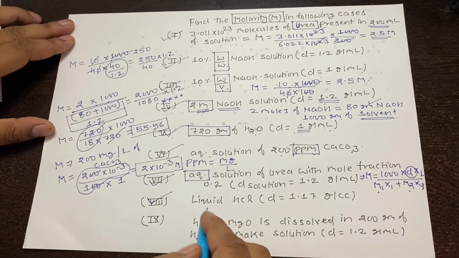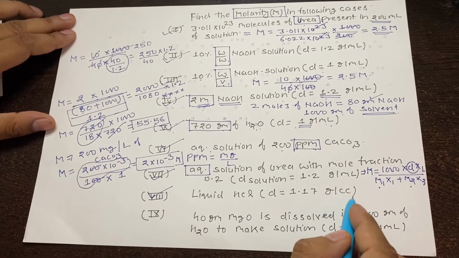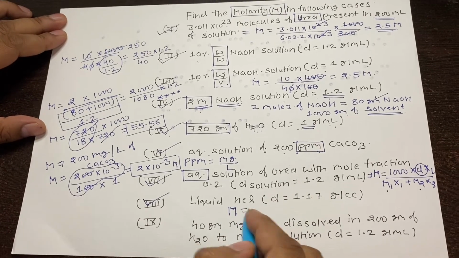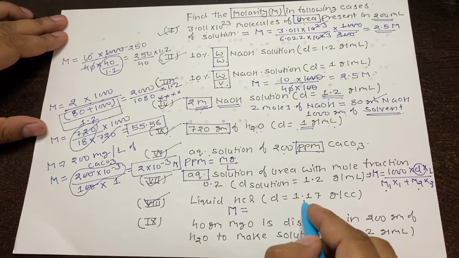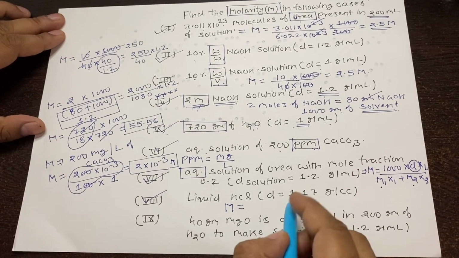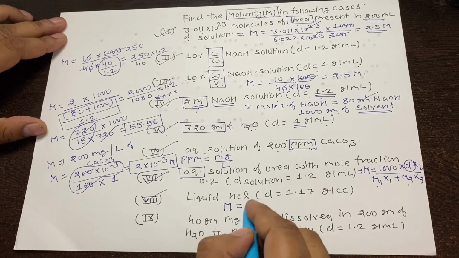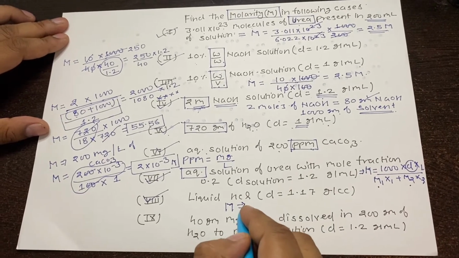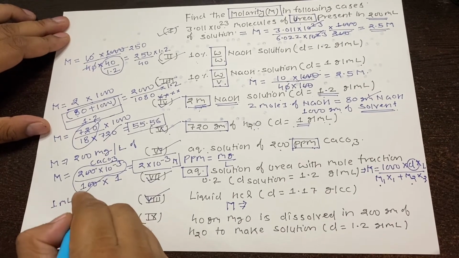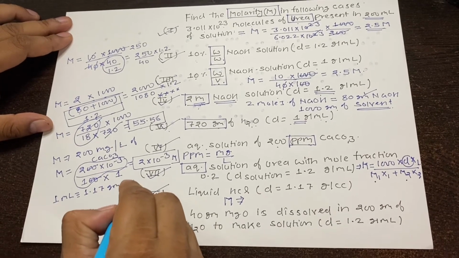In the next problem, liquid HCl is given. The density of this HCl is 1.17 gram per cc. So to calculate the molarity, how can we decode this? Density is given as 1.17 gram per cc. It means that 1 ml contains 1.17 gram of HCl.